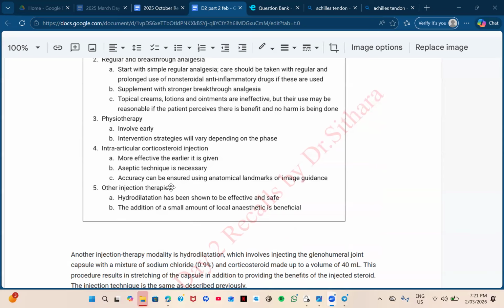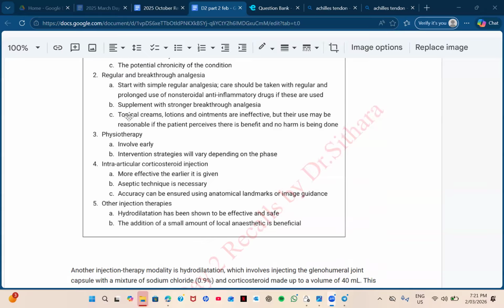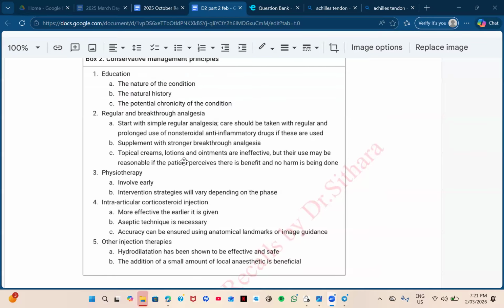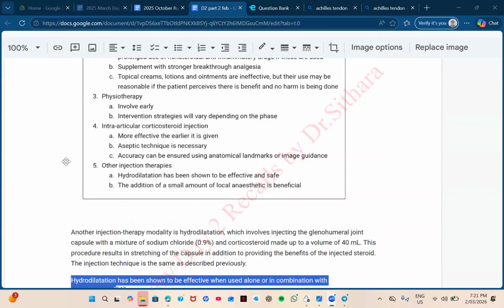This question they asked in June. What is the last option? The last option is hydrodilatation, and in the exam they gave the answers as physiotherapy, intra-articular injections, and, say, do nothing. And as I remember, the next one is hydrodilatation. So the answer is hydrodilatation, and there were four other answers.